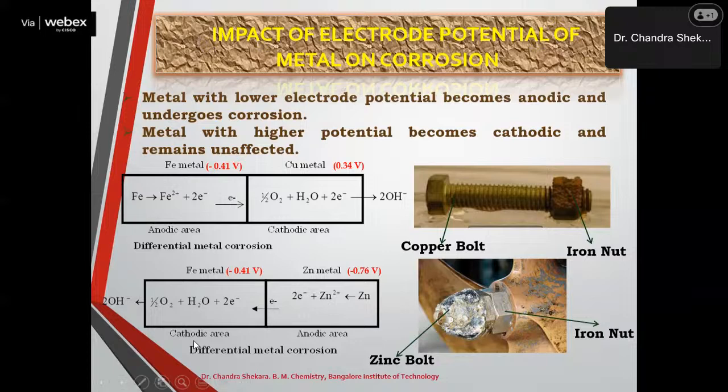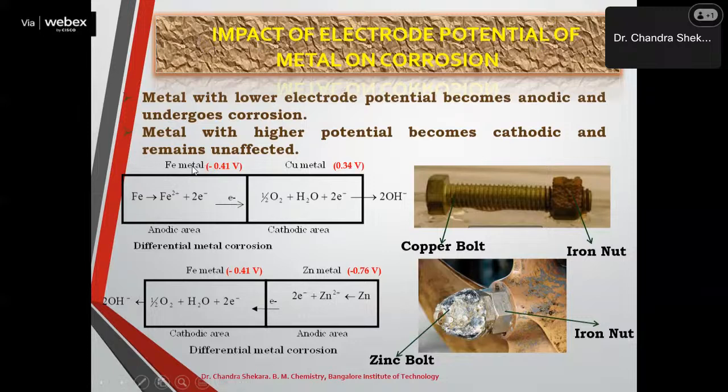The rate of corrosion of a particular metal is directly related to the difference in potential between the two metals. Here, I've taken the example of iron metal and copper metal. When iron and copper are used together, for example, a copper bolt used along with an iron nut, iron has a negative potential value and copper has a positive potential value.